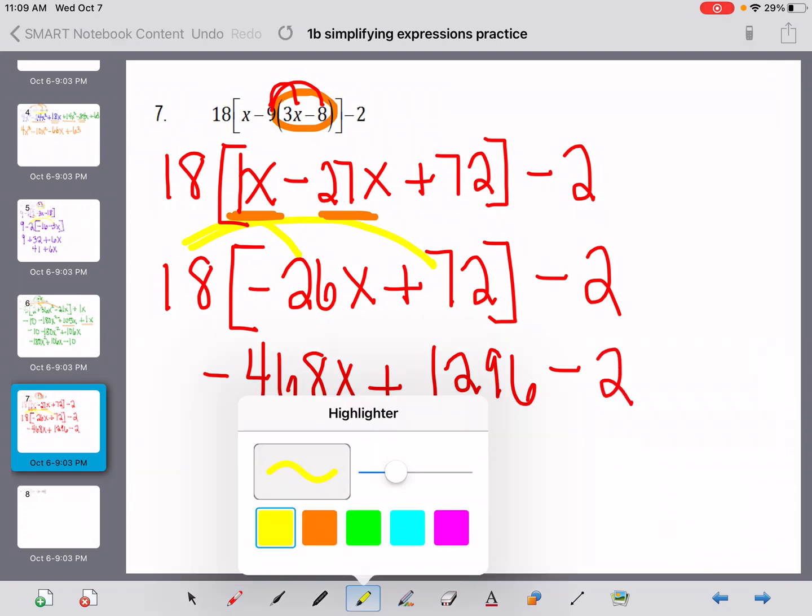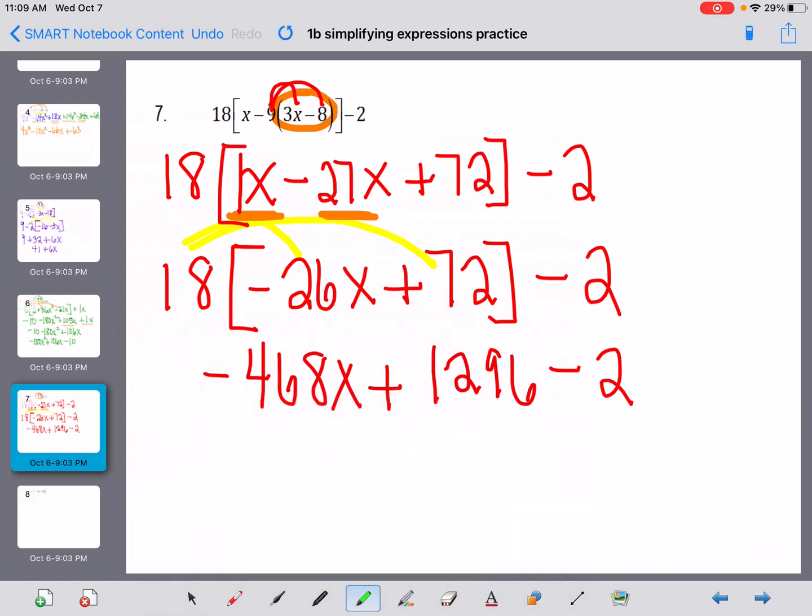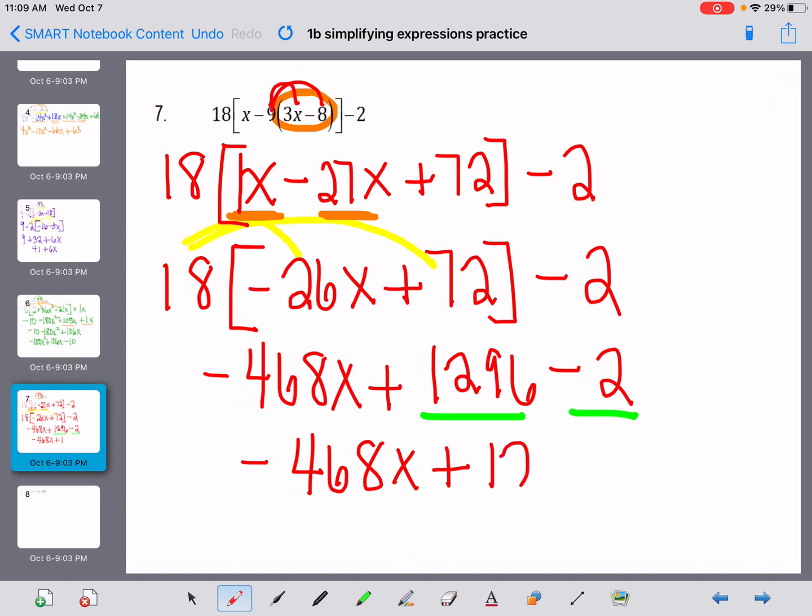And lastly here, we look for some like terms. And these two terms are like terms. So we can finish. We'll get negative 468x plus 1294. And again, standard form. Highest degree first. So there's an x. That's going to be the highest degree. X to the first.